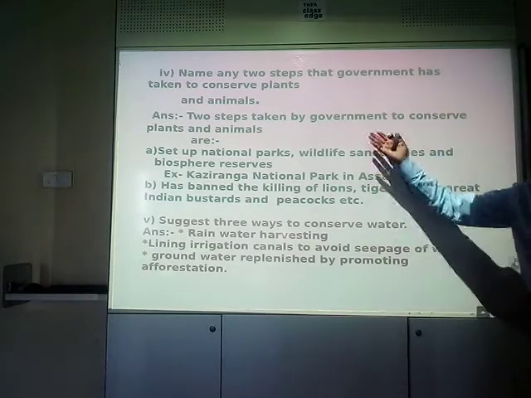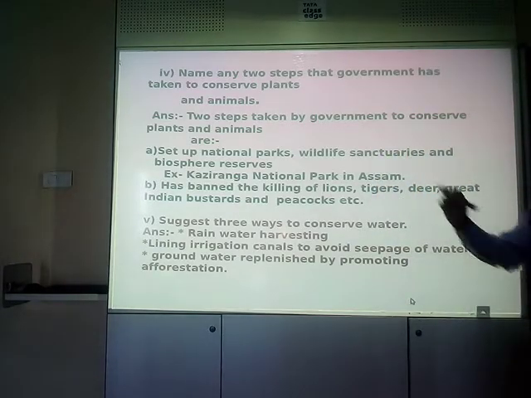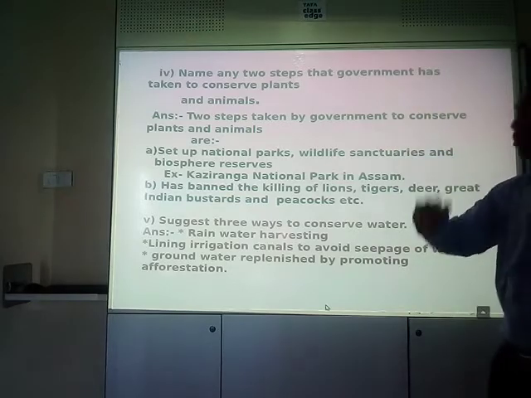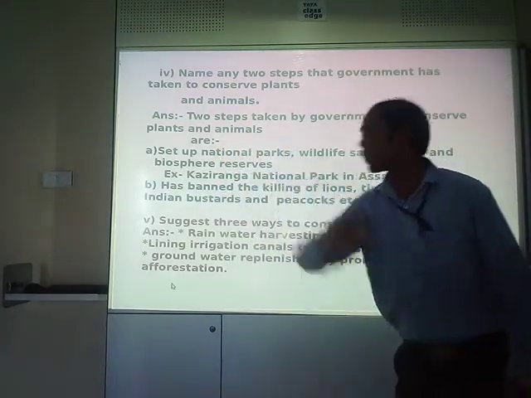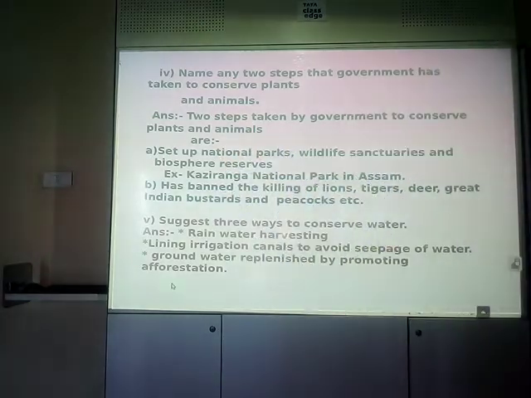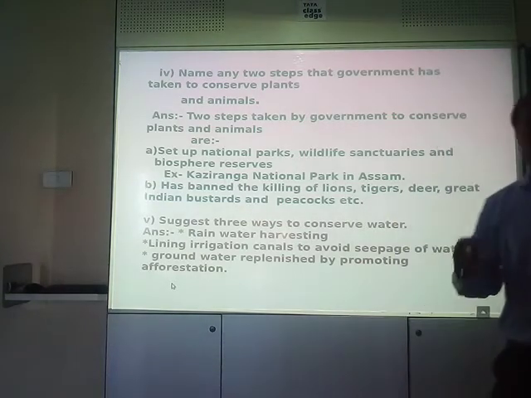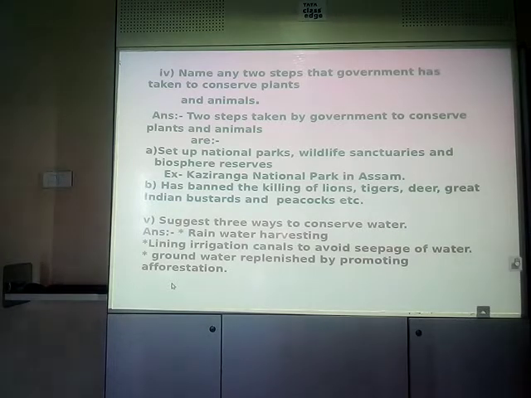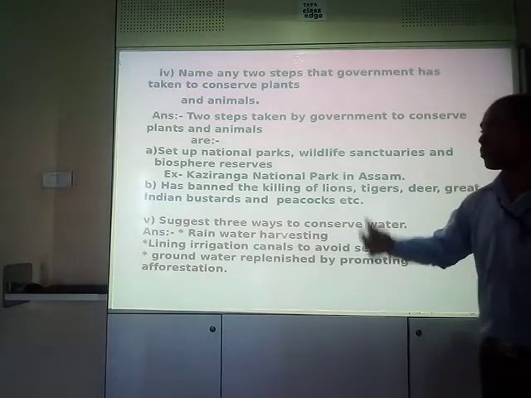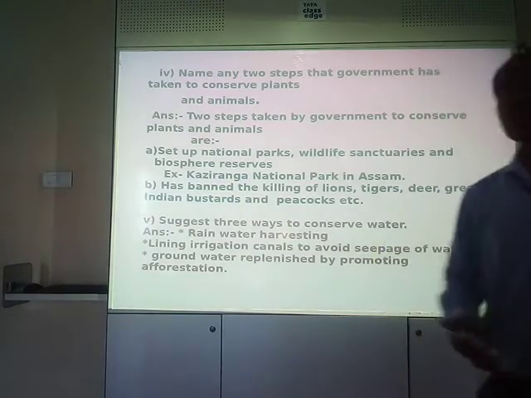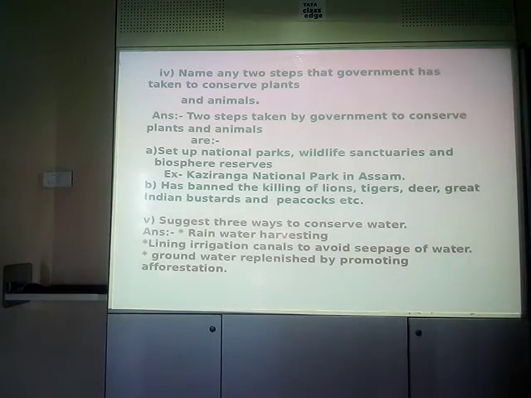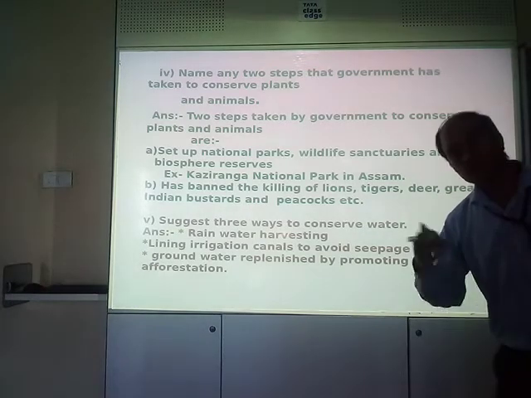Number 1, they set up national parks, biosphere reserves, right? Apart from that, they have set up wildlife sanctuaries. So these are being set up to protect the wildlife as well as plants, flora, fauna.